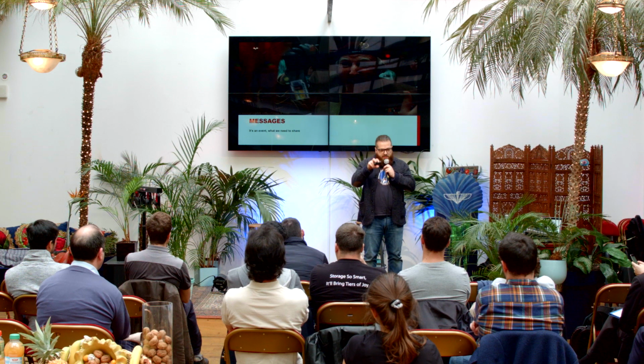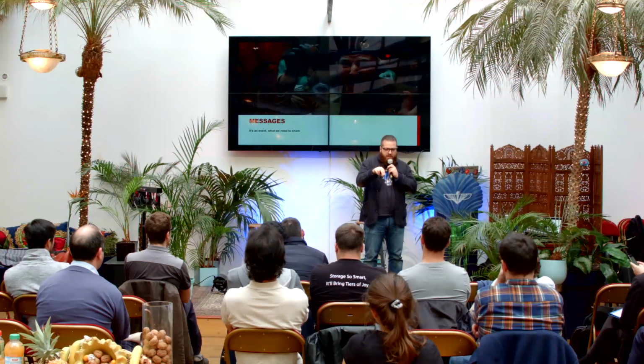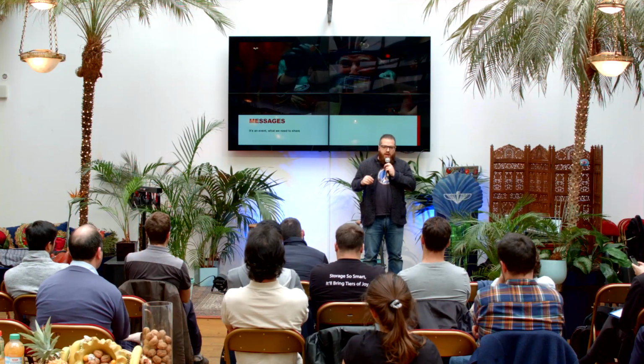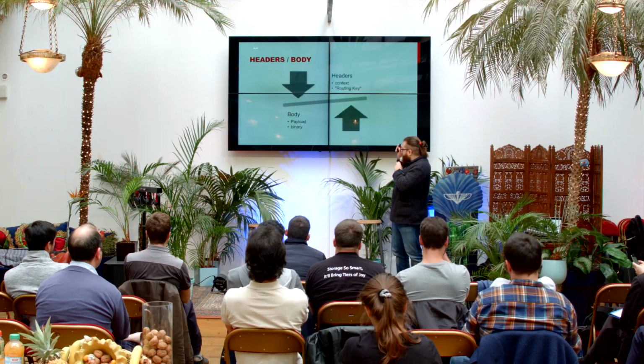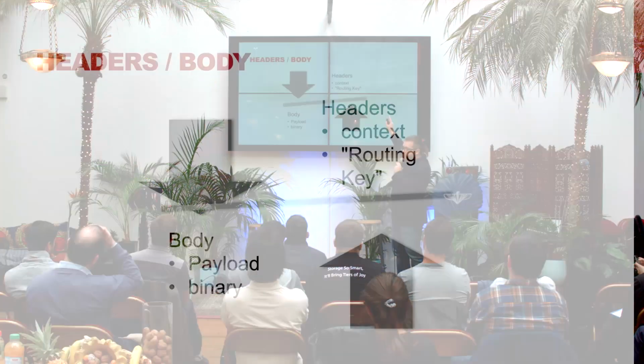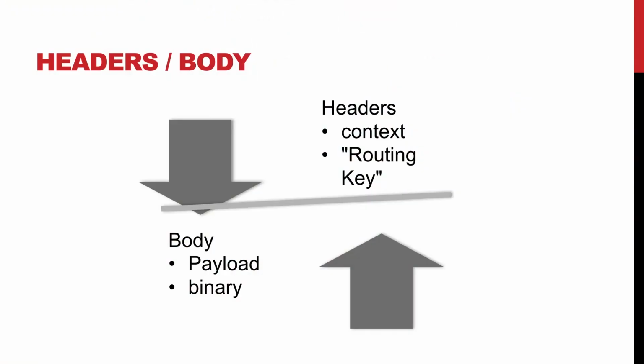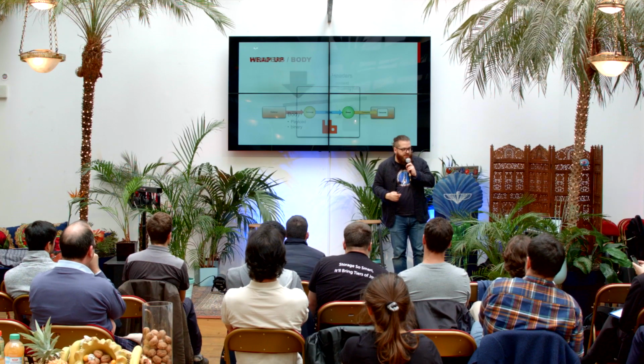So the AMQP cluster is never able to see what is in the body. It just routes it, okay? And by default, it's a binary. So if you store something inside it, you need to have a convention inside your team of what is inside the body. Exactly. So there is one important header called the routing key we will speak about, which is really important to spread messages inside the cluster.